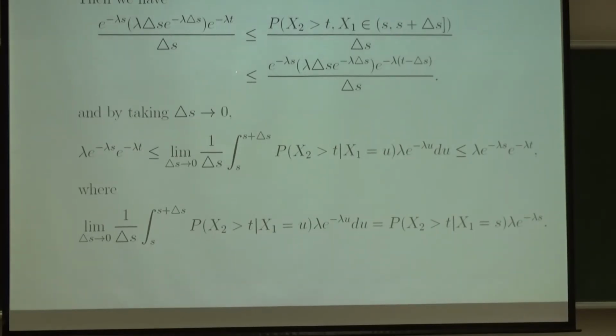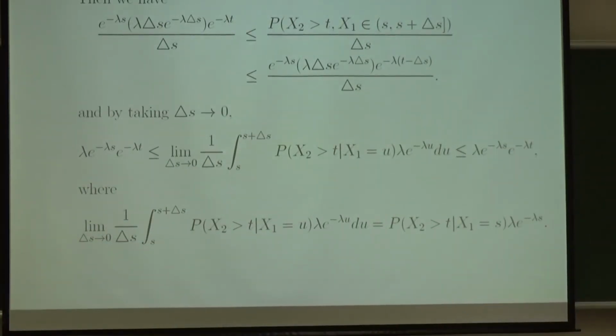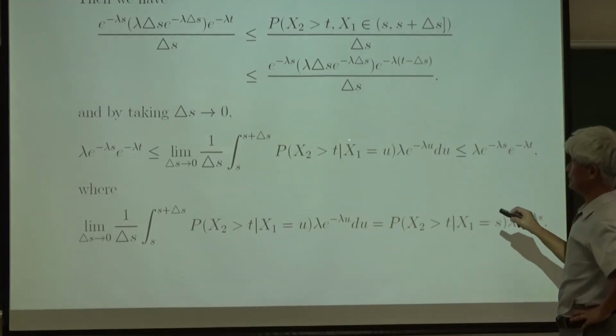Okay. So when we have the upper bound and lower bound, we divide by delta x and take the limit as delta x goes to 0. You can see the limit should exist.